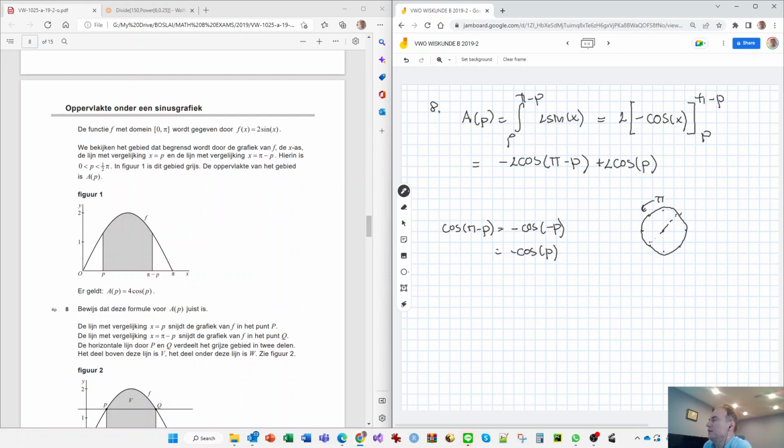If I go to a negative angle, this projection on the x-axis keeps the same sign. So it's called an even function. So this then is 2 cosine P plus 2 cosine P is 4 cosine P, which we had to prove.